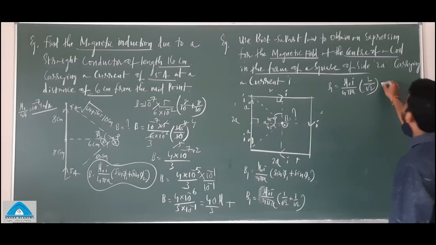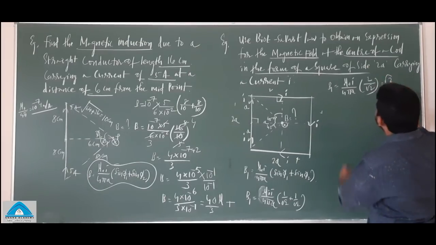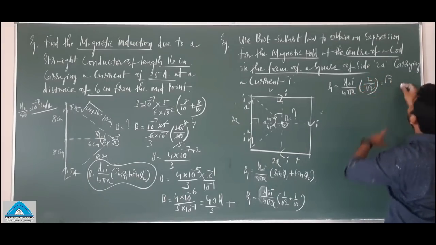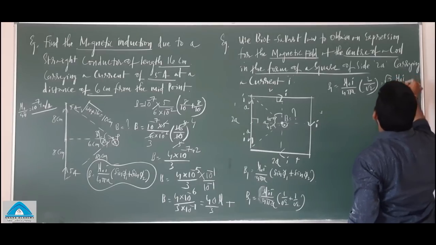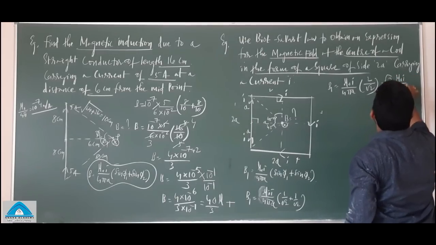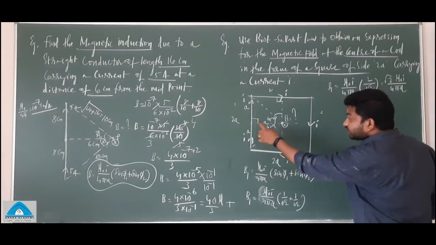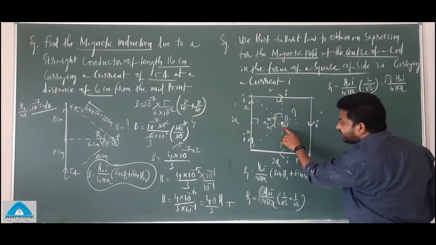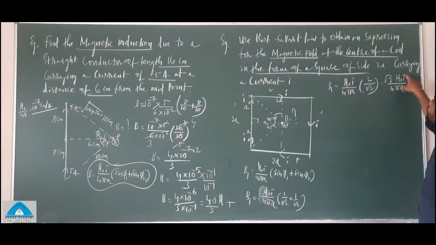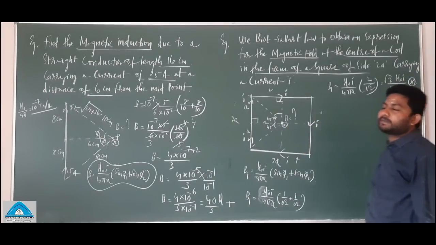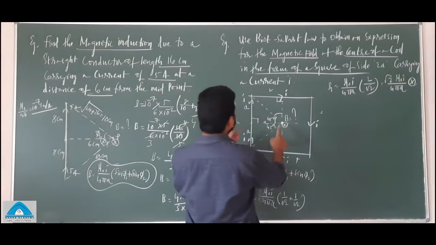So this I can also write as root 2, into mu naught I by 4 pi A. Right? Because of this wire, the magnetic field at this point is root 2 mu naught I by 4 pi A, and this is the direction of the magnetic field at this point due to this wire.